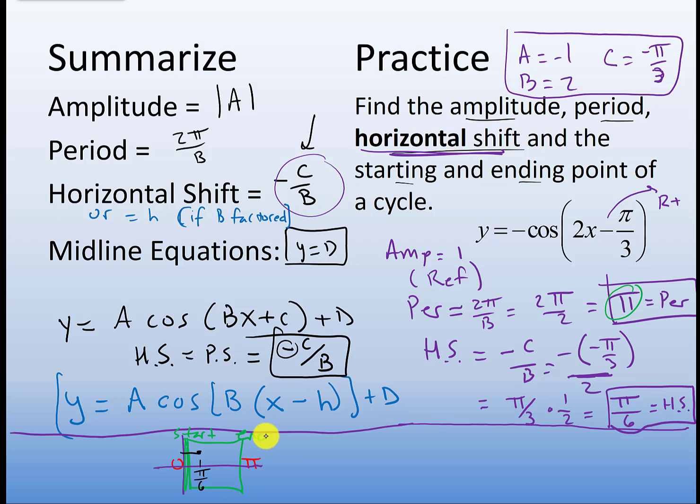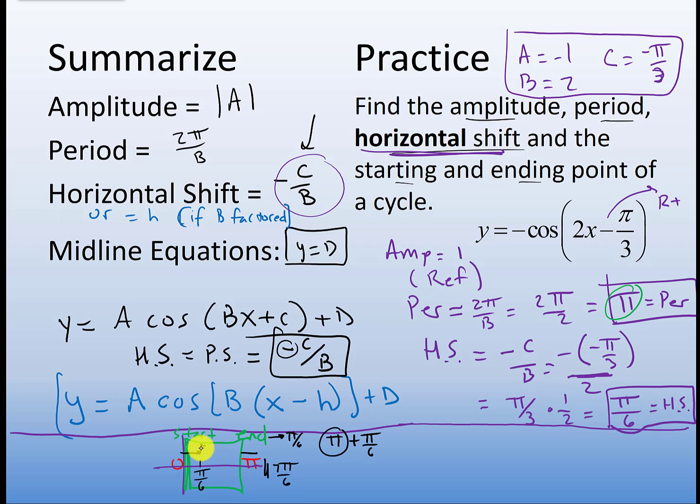Now I have to take the end and move the end π/6 more. So it's going to end here. So that's pi plus π/6. When I shift the end of the period over, I'm going to be ending at 7π/6.